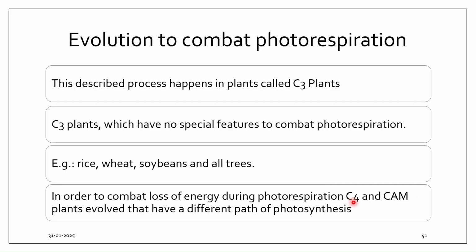So C4 is one category of plants categorized based on their photosynthetic capability. CAM is also a group of plants that are classified based on the different photosynthetic pathway that they follow.